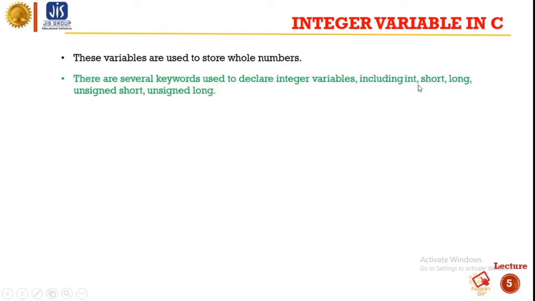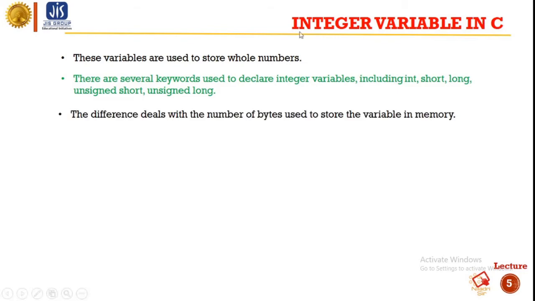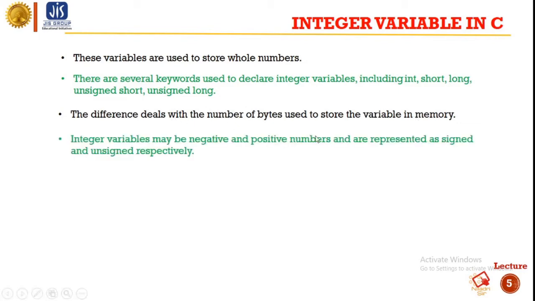This basically depends on the value stored, the lower bound or upper bound, or how much size. The difference deals with the number of bytes used to store the variable in memory. Integer variables may be negative and positive numbers and are represented as signed and unsigned respectively.